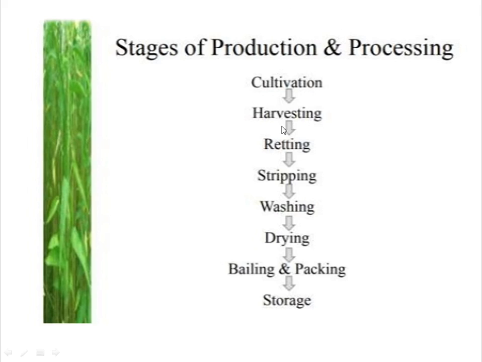After harvesting, after removal of the stems from the plant, we subject them to the wetting process. Here the stem bundles are submerged in a water tank or pool for 10 to 21 days, and covered with straw to protect them from direct sunlight. This process is known as the retting process.